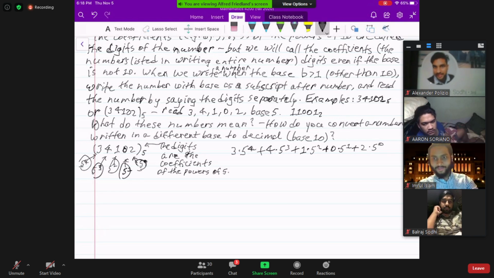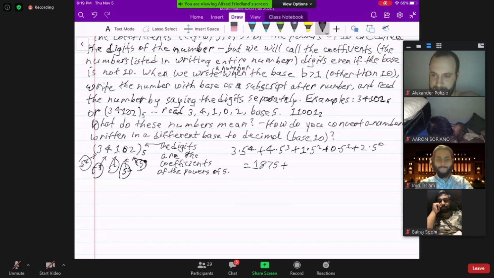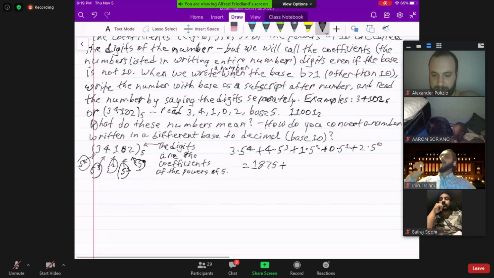So this number would be 5 to the 4th. 5 squared is 25, and squaring that is 625. What's 3 times 625? Is it 1875 maybe? 3 times 25 is 75. 3 times 6 is, yeah, I think that's right. Plus, 5 to the 3rd is 5 times 5 is 25, times 5 is 125, times 4, is that 500?